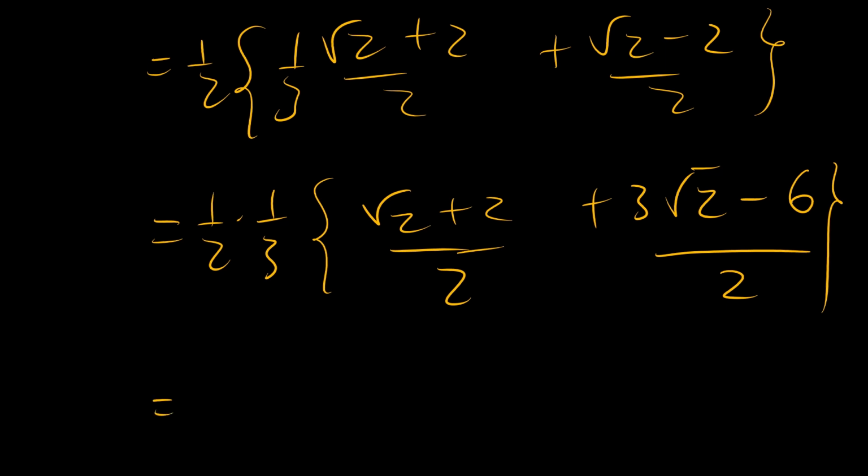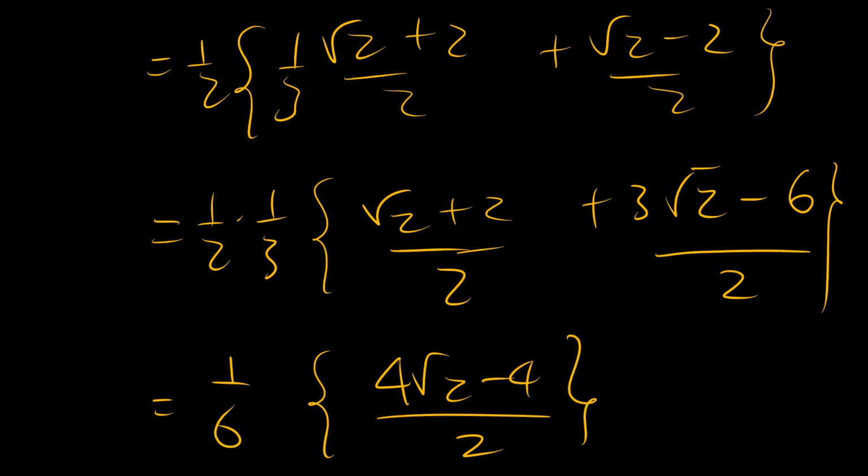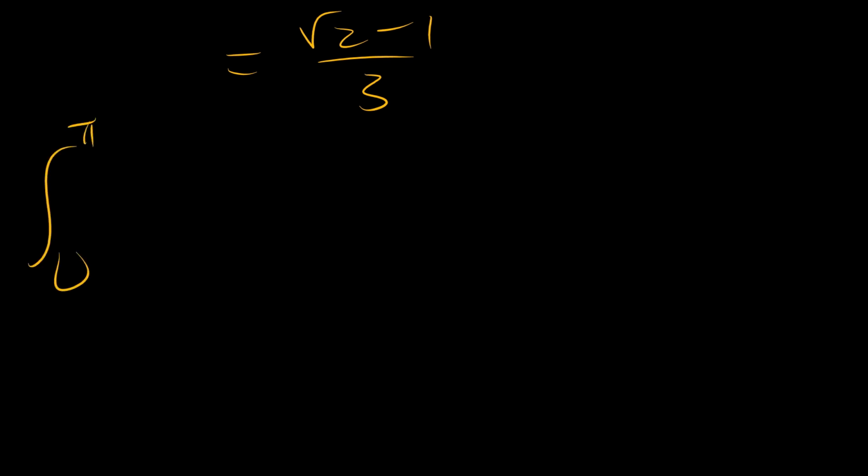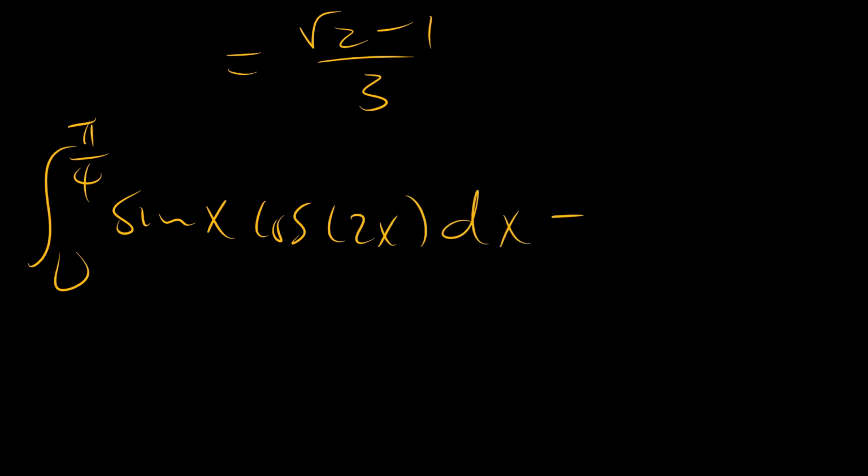So we have 1 over 6 and 4 root 2 minus 4, so we do have root 2 minus 1 over 3 being our answer. So from 0 to pi over 4, the integral of sine x cosine of 2x is root 2 minus 1 over 3. And that is our answer.